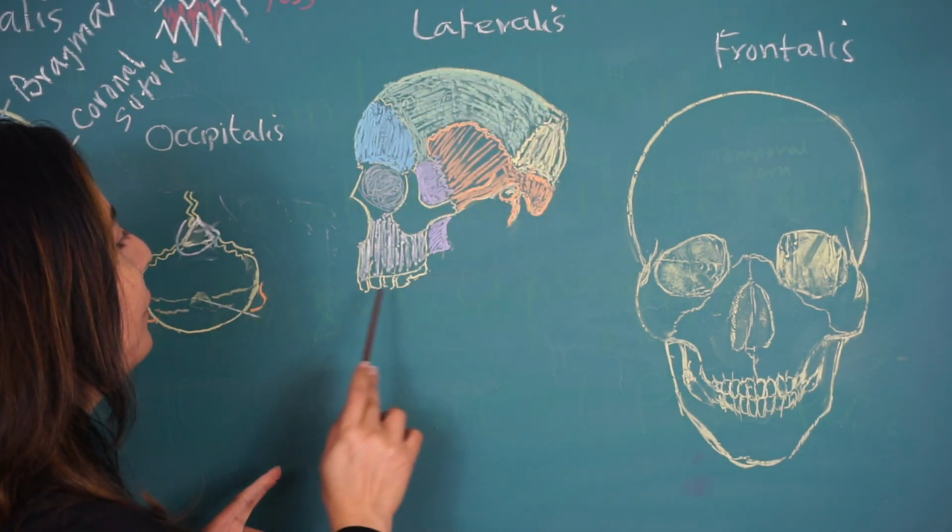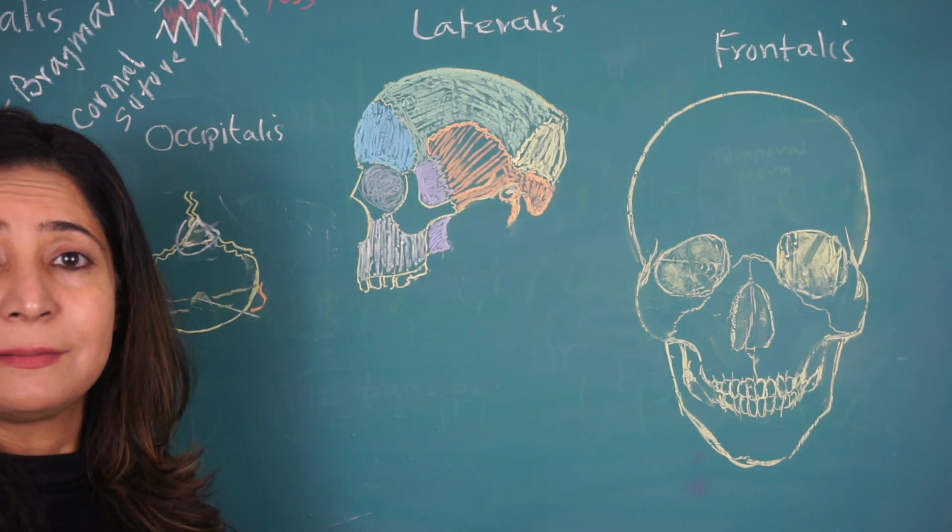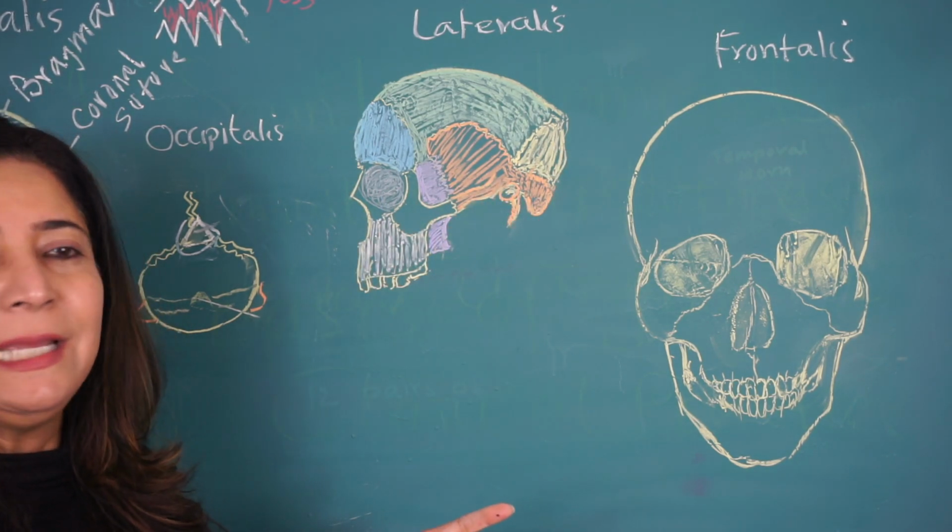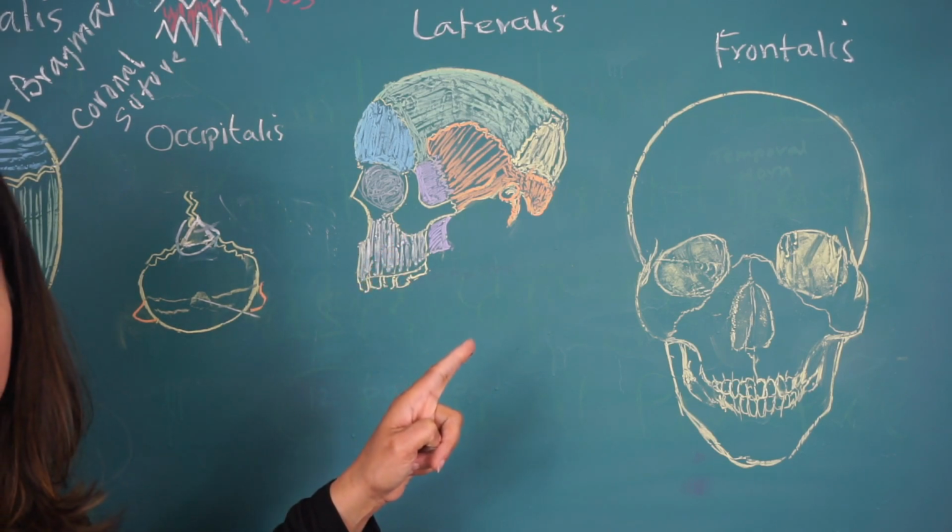The lateral view of the cranium is showing many bones, more than 2 bones. I have tried to color code them, and we'll start.